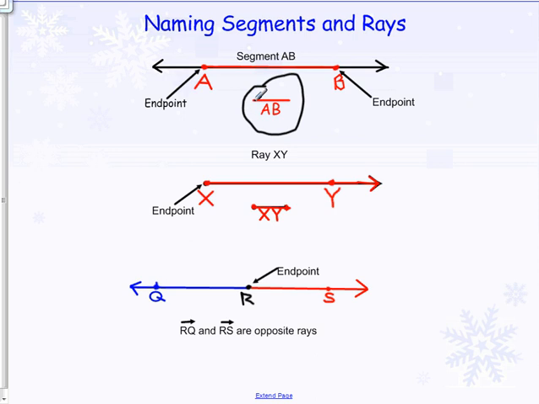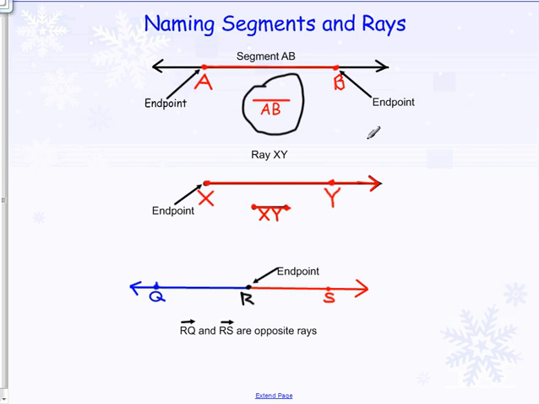And notice that above the AB is just a simple line. In order to name a ray, we have ray XY. Okay, so we have an endpoint at X, and the ray goes through Y and goes on and on forever.